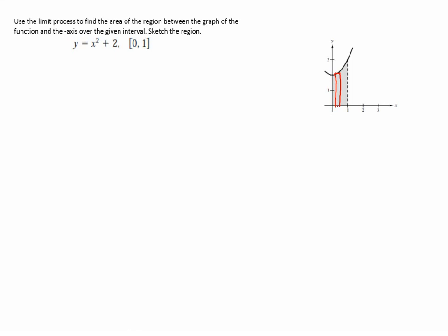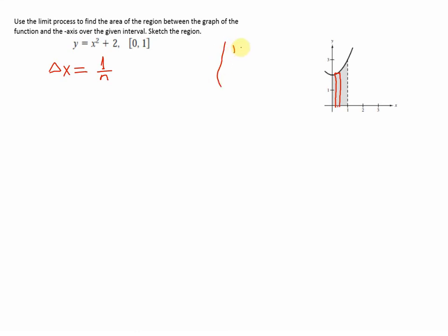If we have n rectangles, we should divide this distance from 0 to 1 into n. How? The width of each rectangle is usually denoted by delta x. So we have delta x equals the distance from 0 to 1, which is 1, divided by n, where n is the number of rectangles.